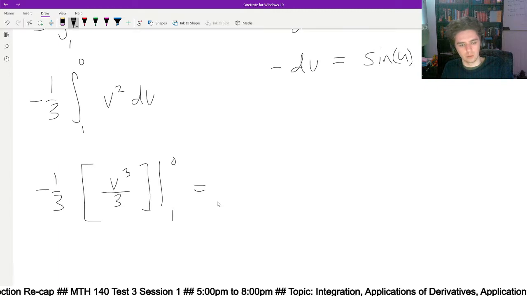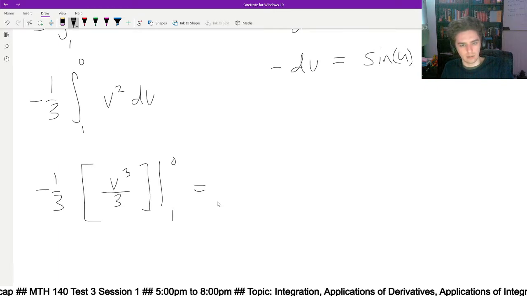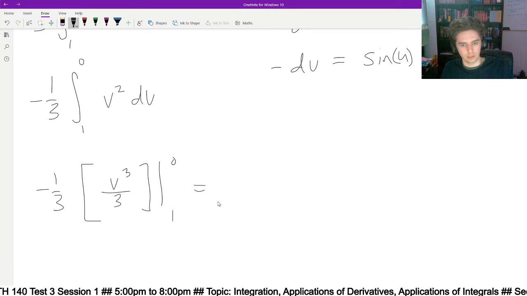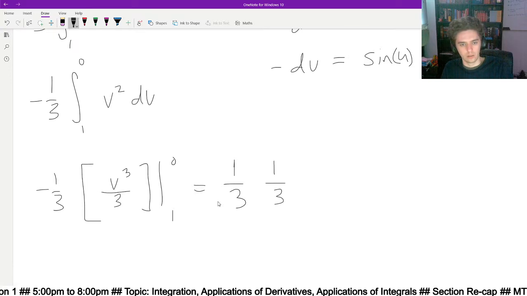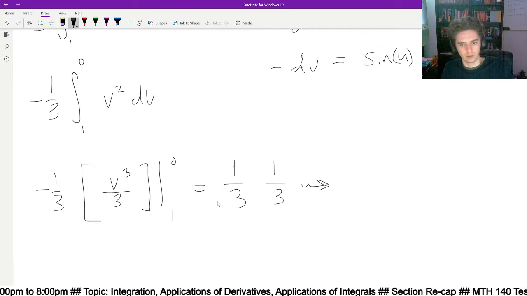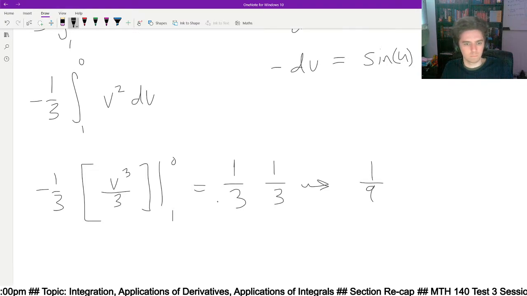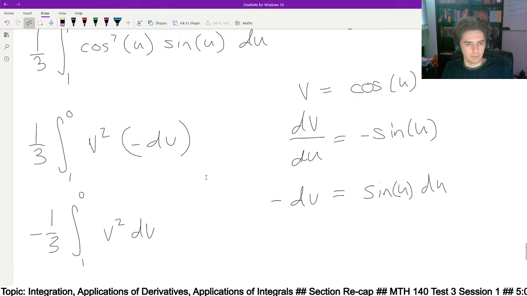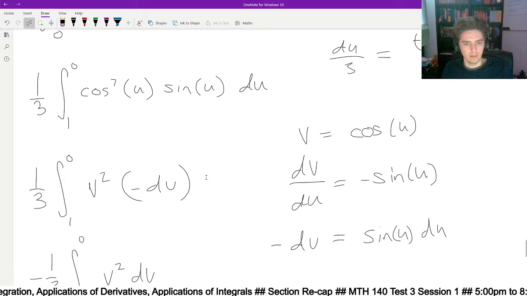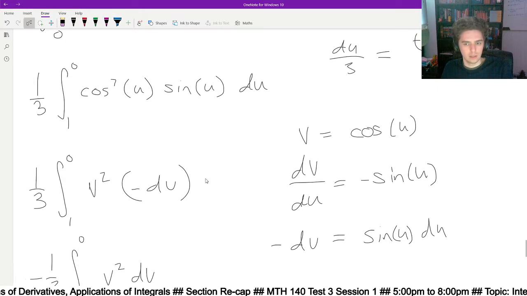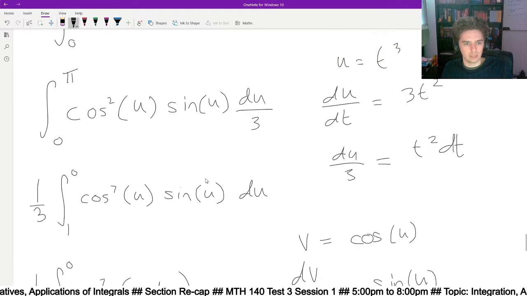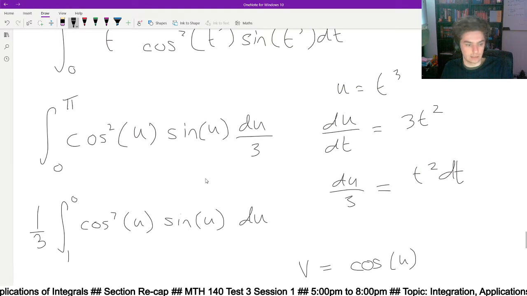So this would be equal to the upper limit, just 0. So it's just negative of the lower limit. So 1/3, 1/3. Wait, how did you get 0 and 1 for the interval? Isn't v like cos? Yeah, v is cos u, cos of the thing, right? So cosine of pi is 0, I think, right?